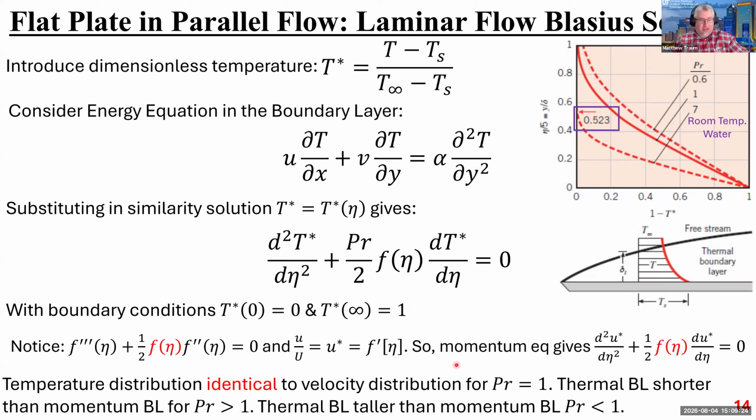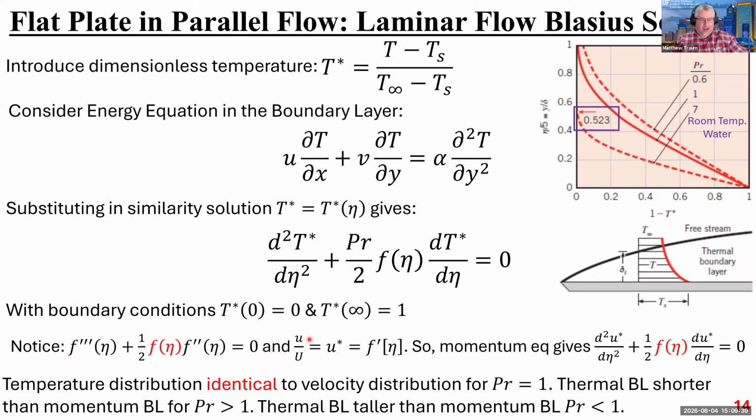So the way that I do this is to note that here's the Blasius equation. So it's f third derivative of f plus 1/2 f times second derivative of f is equal to 0.